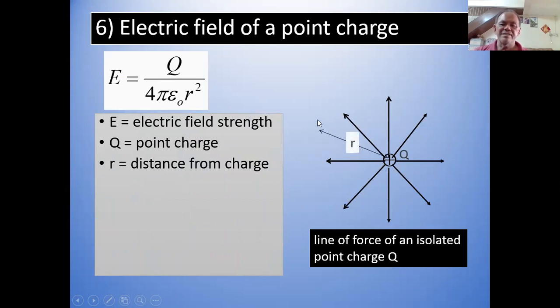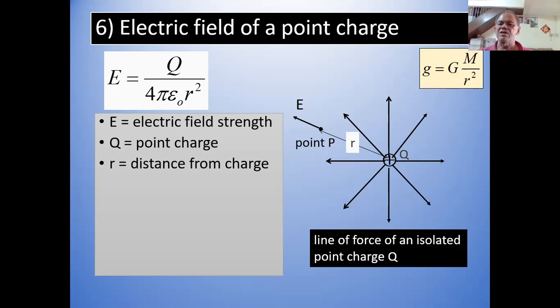At this point, the electric field strength is given by this equation. And the direction is always a repulsive force. It's coming out along this line, the radius if you like. Radial. Imagine you put a test charge there, the test charge will be repelled. That's the direction of the force or electric field.